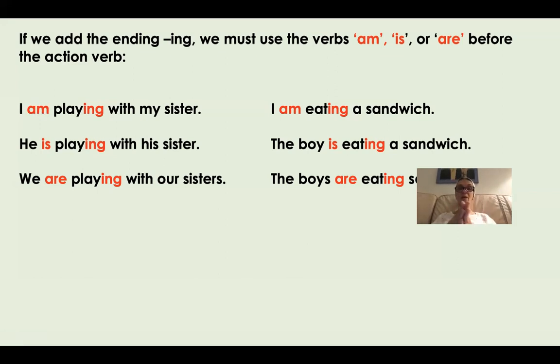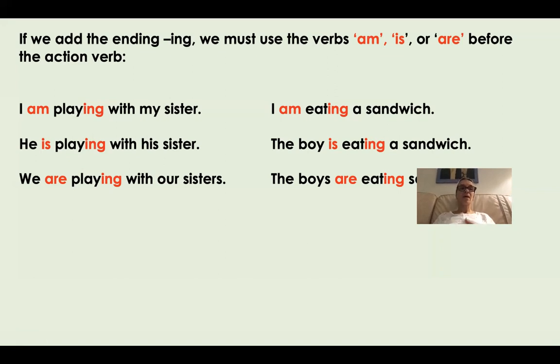It's always I am playing, I am eating, I am sitting, I am drinking, I am sleepy, I am hungry. Okay, I always have the helping verb that comes after I is always am, and then the action word. Okay, so am is a helping verb and playing is the action verb.